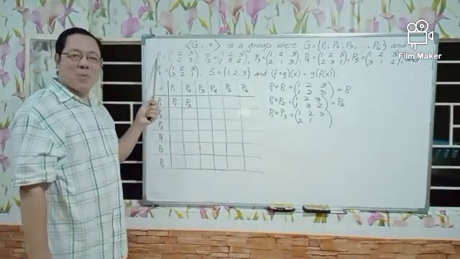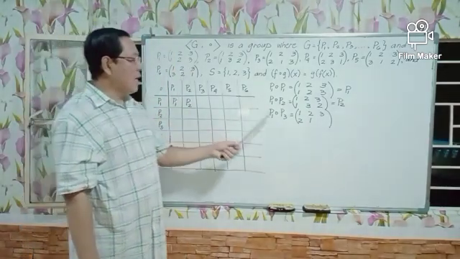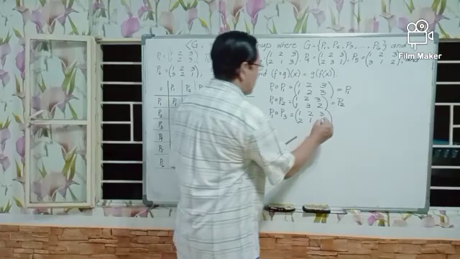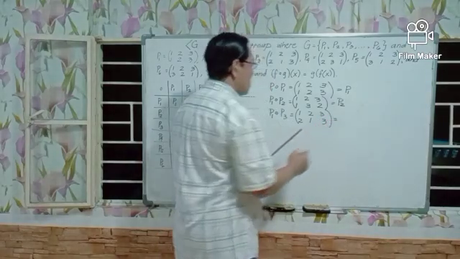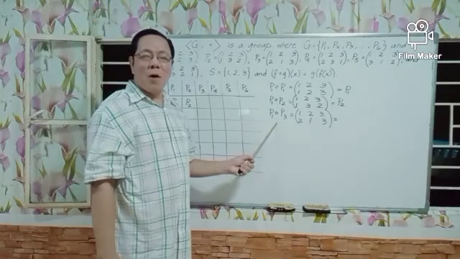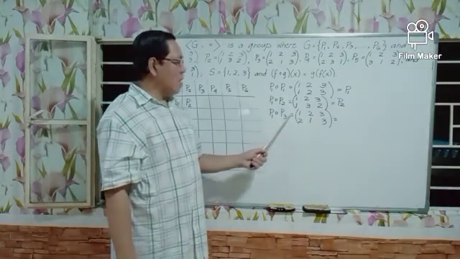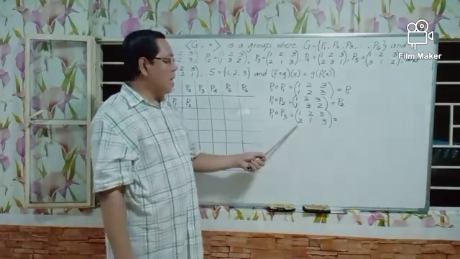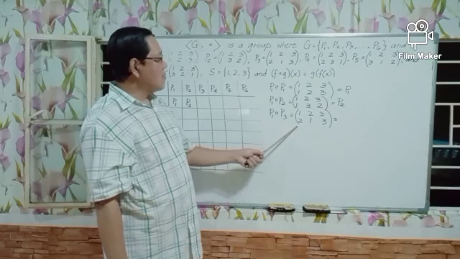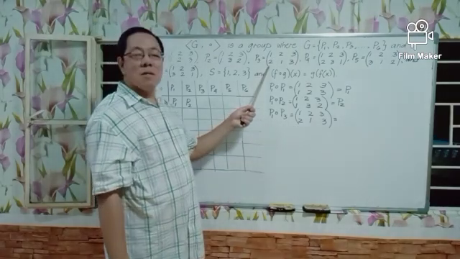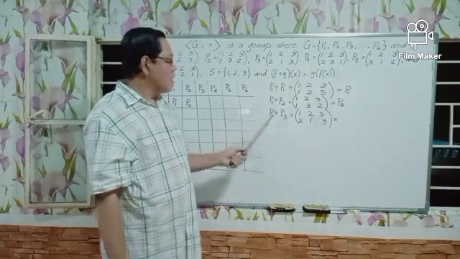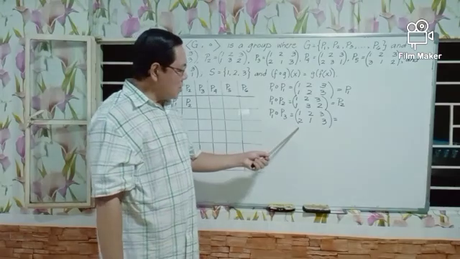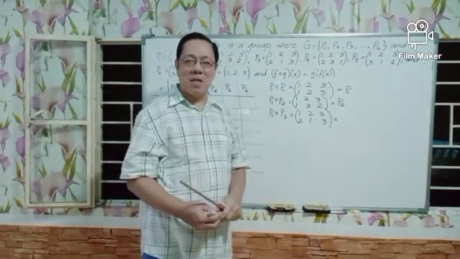Under P1, the image of 3 is 3, and under P3, the image of 3 is 3. Thus, the composition of P1 and P3 assigns 1, 2, 3 to 2, 1, 3 respectively. But by inspection, this function is the function P3. Thus, P1 circle P3 is the function P3.